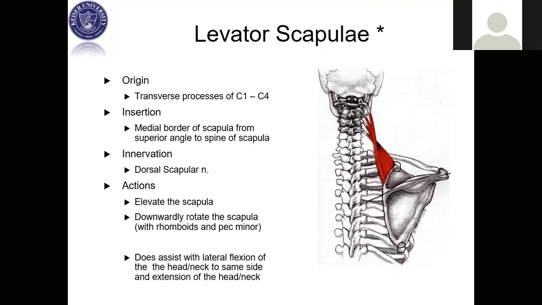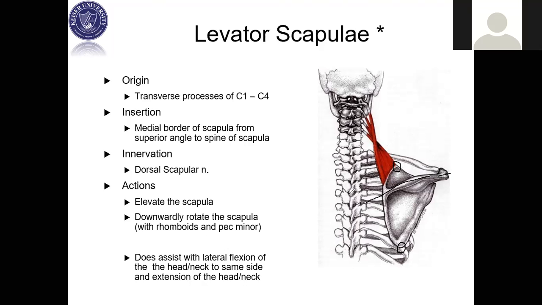So you've got to know these landmarks because these muscles go to specific places. Because when they go to these specific places, they're only allowed to do so many actions. So transverse processes of C1 through C4 to the medial border of the scapula from the superior angle to the spine of the scapula.